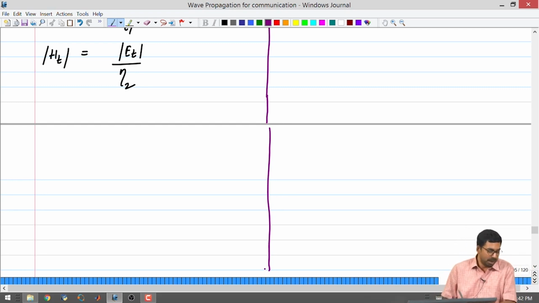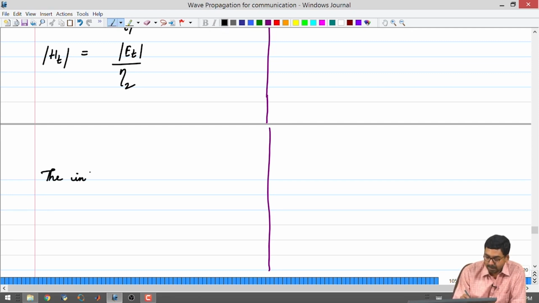So, all we need to do now is look at the boundary or the interface. Here the interface is conveniently at z equal to 0.